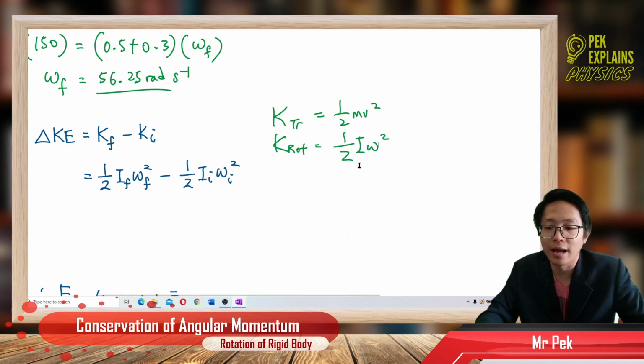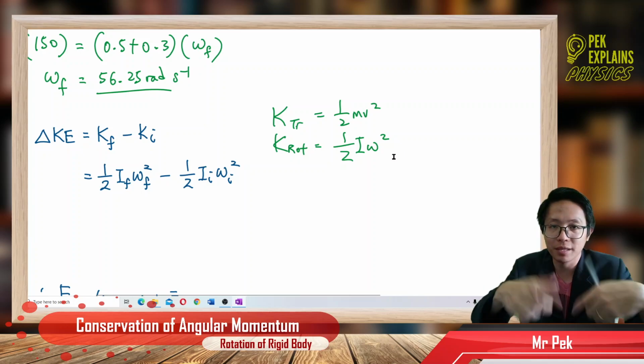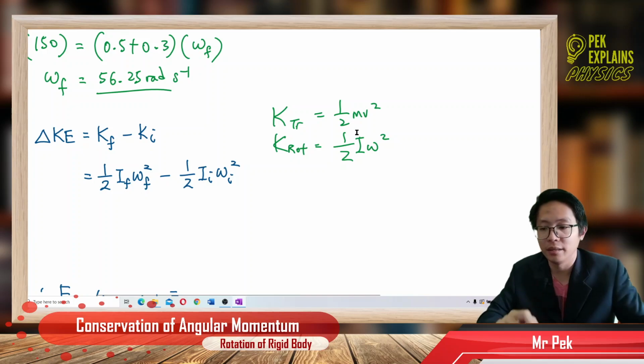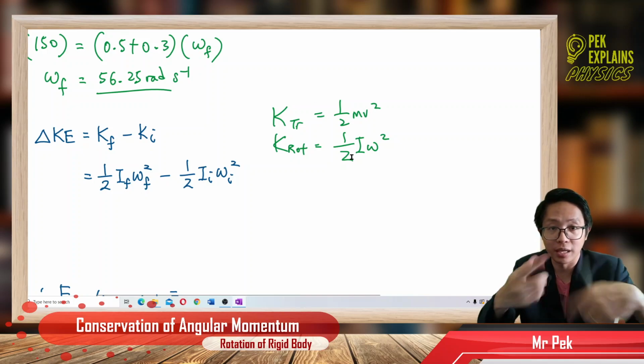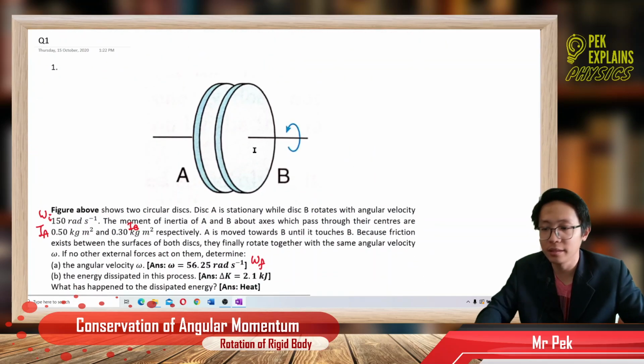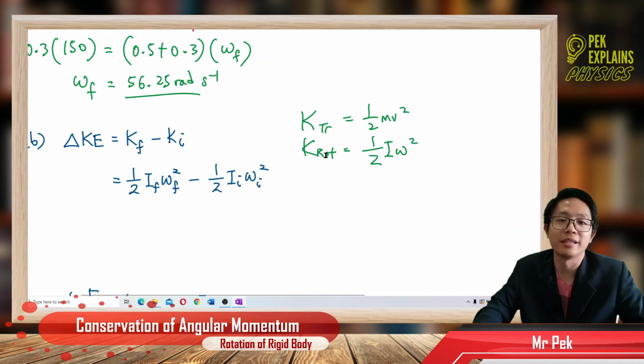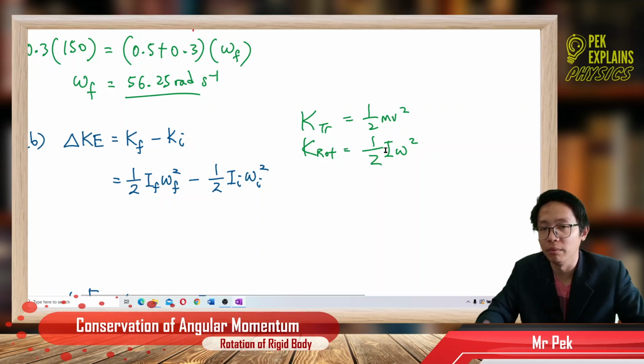We have half I omega squared. When something is going left and right, it has translational kinetic energy, half mv squared. But when something rotates, it has rotational kinetic energy, which is half I omega squared, using the moment of inertia and the angular velocity.